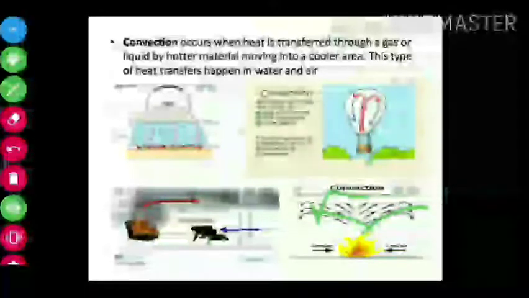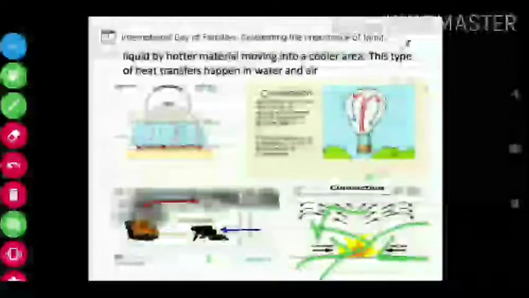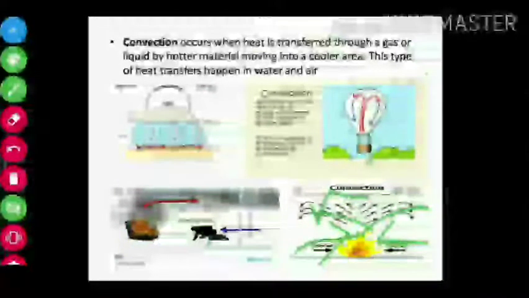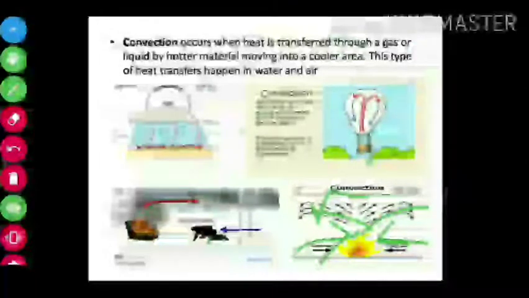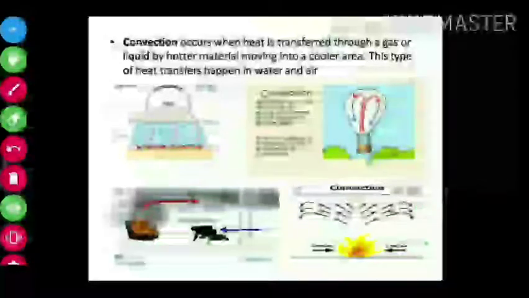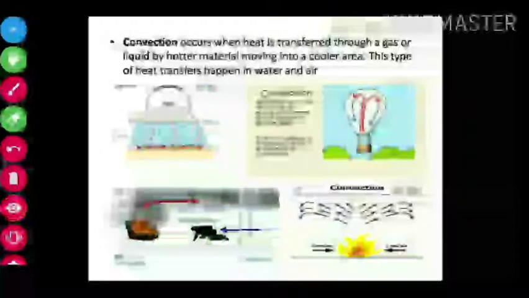To fill this blank space, cooler air will flow, and this cooler air will again become hot due to this fire, and again it will go up. Like this, in convection, heat is transferred through a gas or liquid.